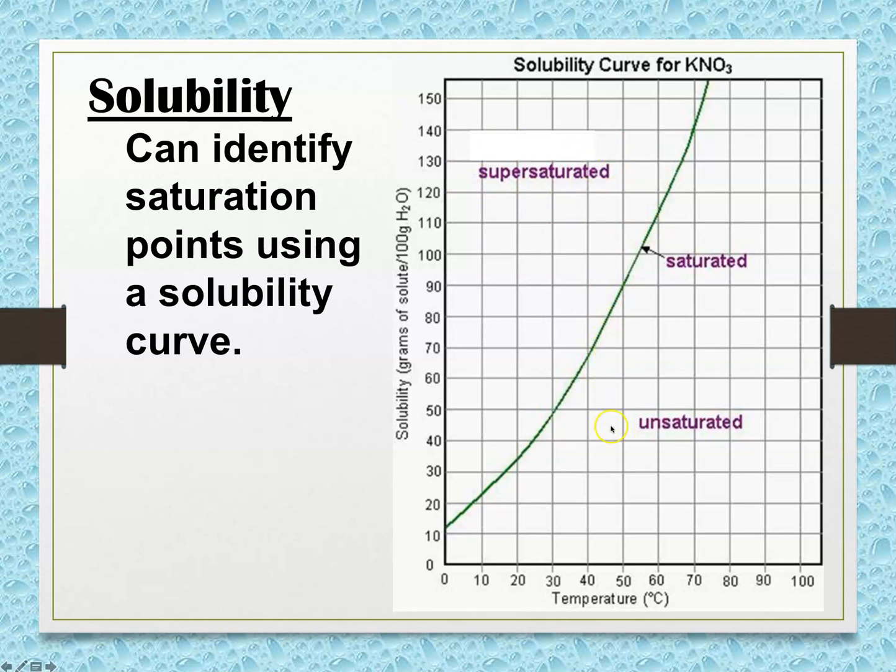And when you are below the line, you are an unsaturated solution. So those are key points there. If I were to give you a graph and ask you, at this temperature and this amount, is the solution saturated, unsaturated, or supersaturated? It's all based on the line, above the line, or below the line. Questions?